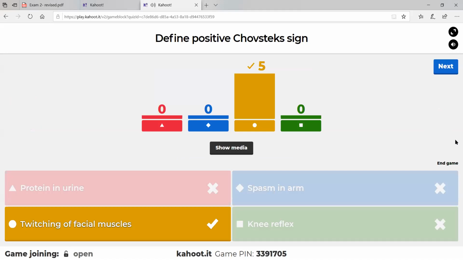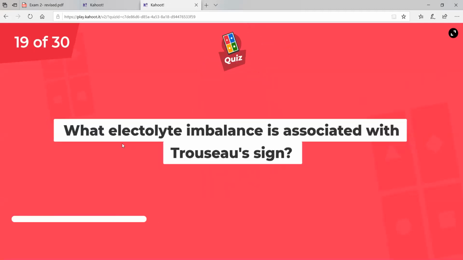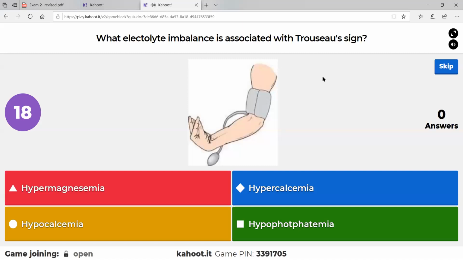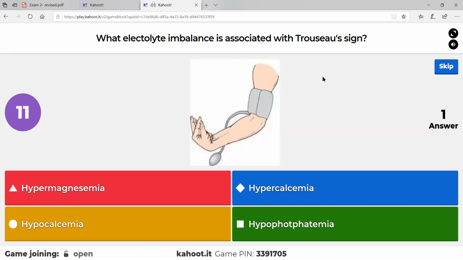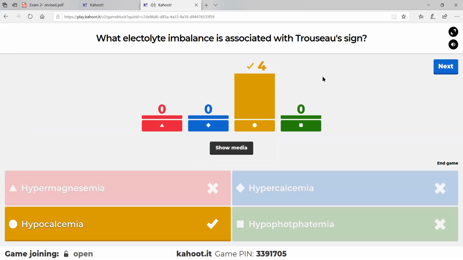So this is the facial muscle one, right? Yeah. All right, what electrolyte imbalance is associated with Trousseau sign? So that's what your arm does and your hand does when you pump the blood pressure cuff. It's positive. It looks like that. Low calcium.